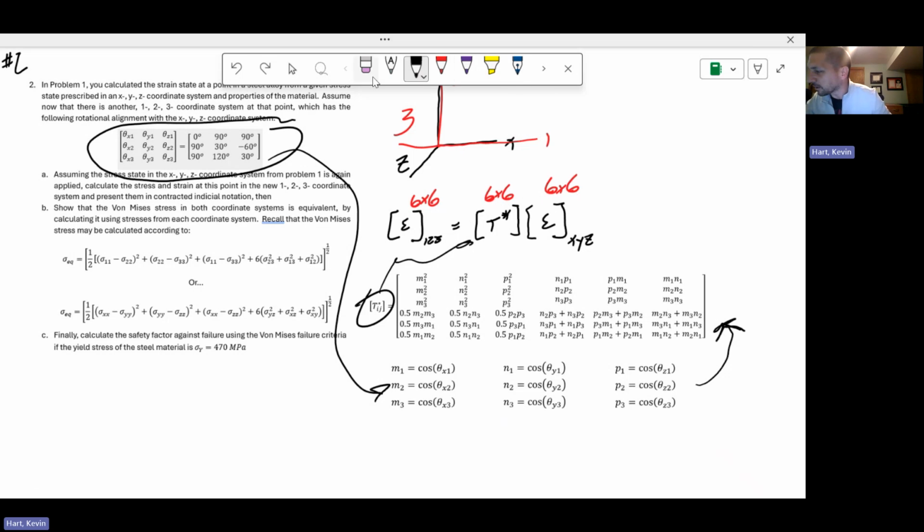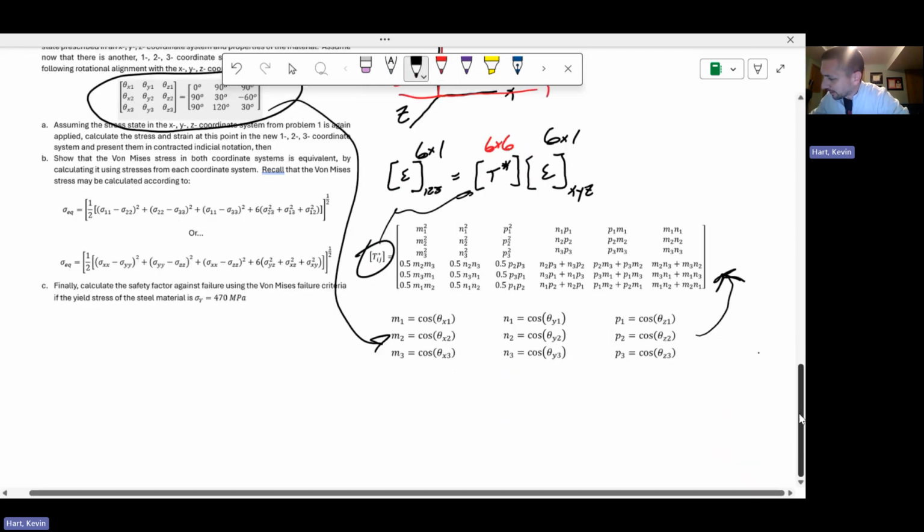Oh, by the way, these aren't 6 by 6; the strain vectors are 6 by 1. Now we can figure out the strain in the new 1, 2, 3 coordinate system. So a lot of steps here, but completely doable. It would be very similar for the stress.